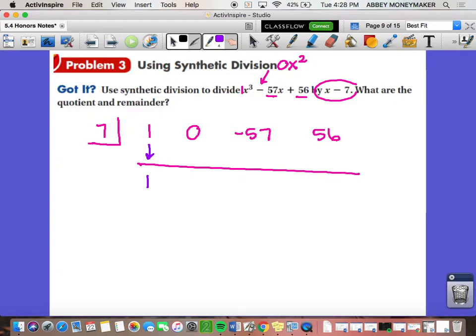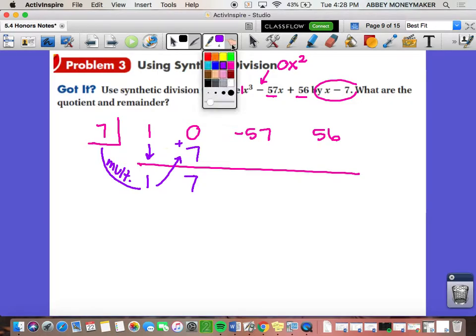And then from here, I'm going to take the 7, and I'm going to multiply by that 1, and that number goes underneath the 0. So 7 times 1 is 7, and as the last slide told us, we're going to add down. So 0 plus 7 is 7.